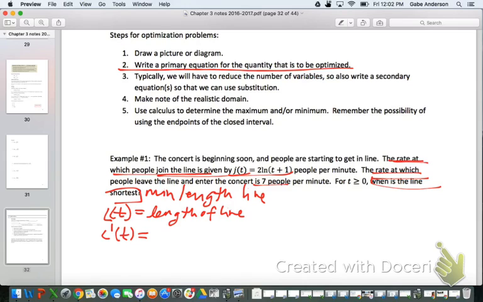That's J of t. And I do have a rate of change at which people leave the line. That's 7. And so here's where we would arrive, basically where we finished yesterday. I would say that L prime is equal to J of t minus 7. Let that sink in for a second. See if that makes sense. What would be a good test to see if this really does make sense?